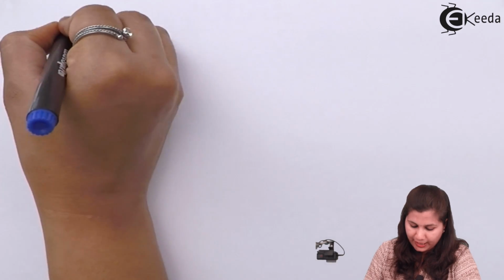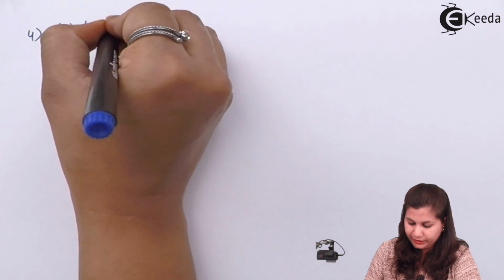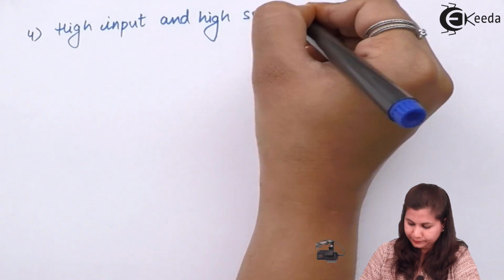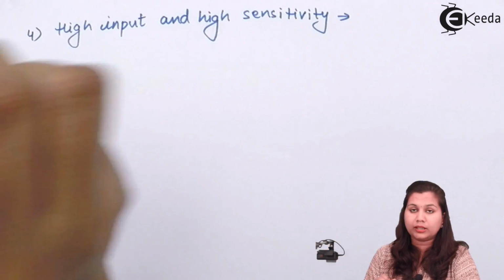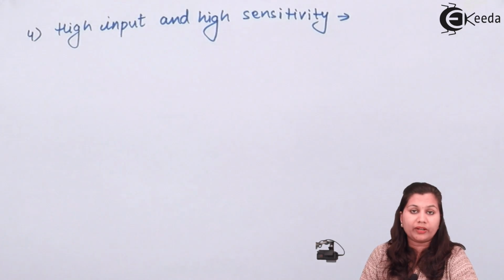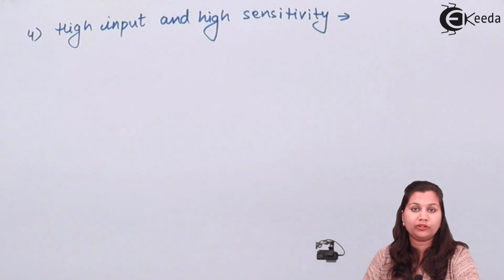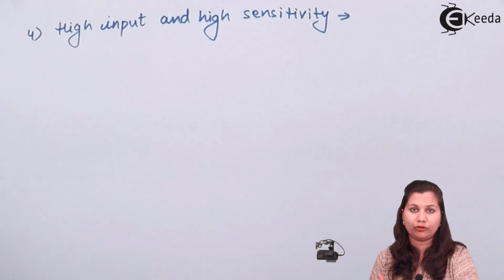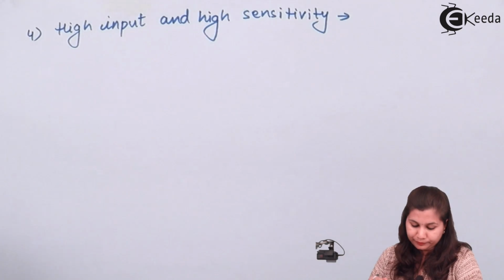Next advantage is high output and high sensitivity. The output of the LVDT is very high. There is no need of any amplification, means LVDT does not require any amplifier. It gives a very high amount of output also.